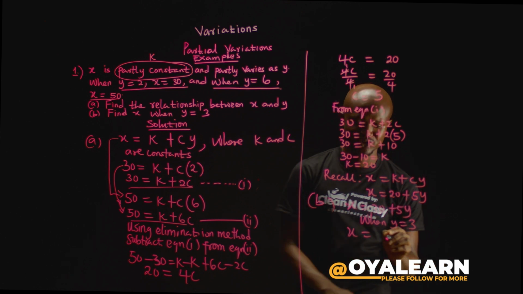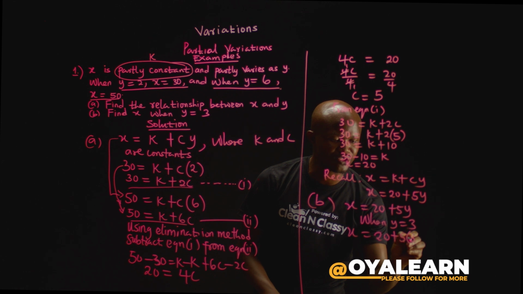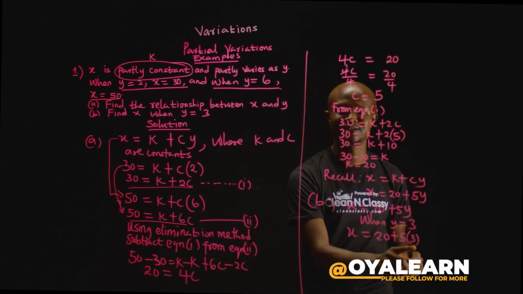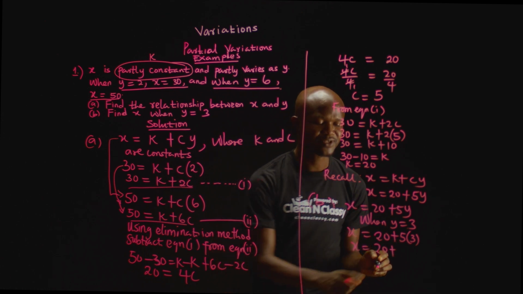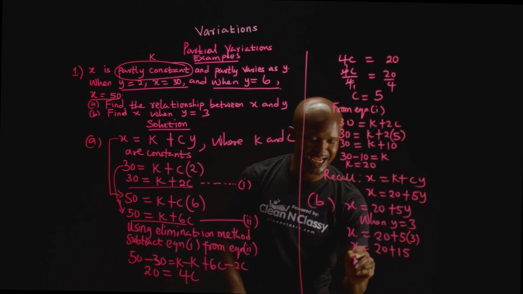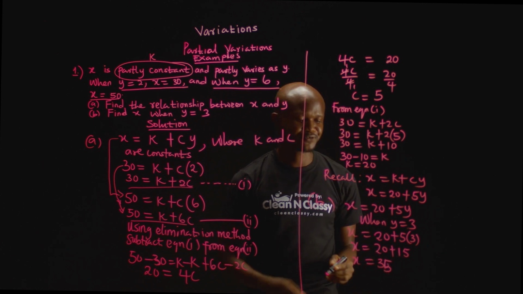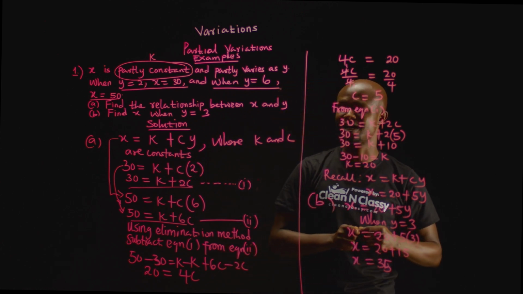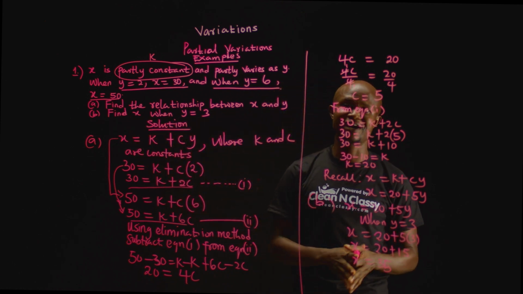So we have 20 plus 5 times 3. 5 times 3 is 15. Then x equals 20 plus 15, which is 35. So when y equals 3, the value of x is 35.